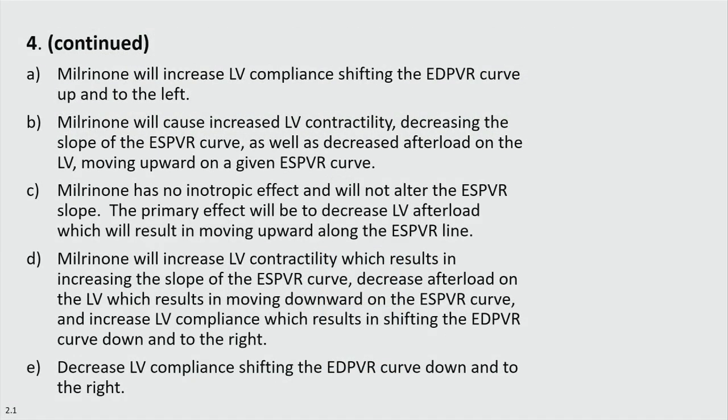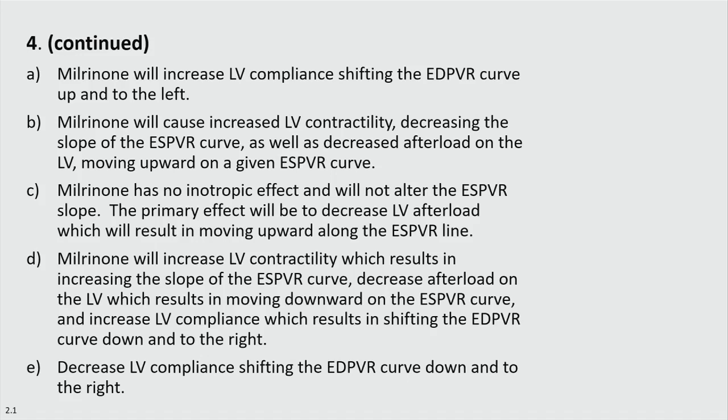A, milrinone will increase LV compliance, shifting the end diastolic pressure volume relationship curve up and to the left. B, milrinone will cause increased LV contractility, decreasing the slope of the end systolic pressure volume relationship curve, as well as decrease afterload on the LV, moving upward on a given end systolic pressure volume relationship curve.